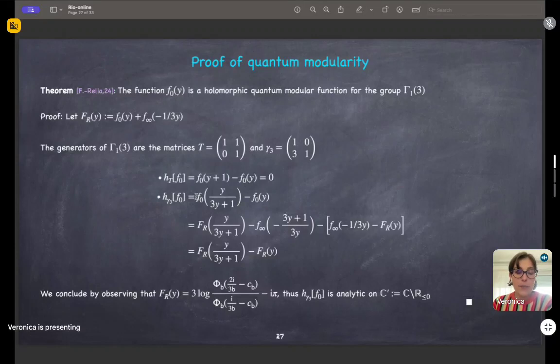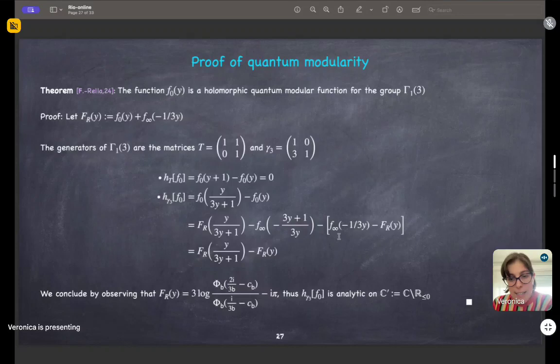With respect to this element, the cocycle is defined as the difference. And here you have no other factor because our function has weight 0. If you look at this difference, now you can use essentially the definition of F_R to replace this F_0 by F_infinity. If you do that, you get this function here. And I do the same for the other F_0, so I just change it in this way.